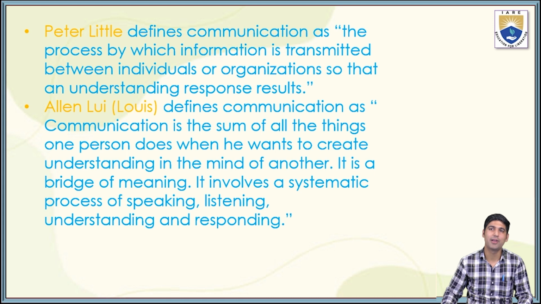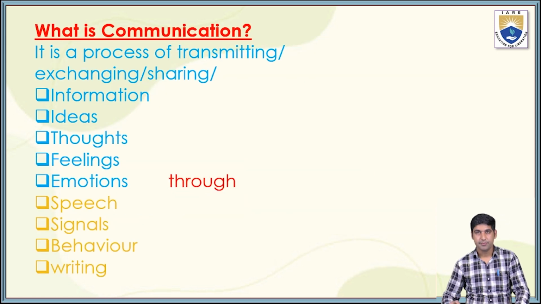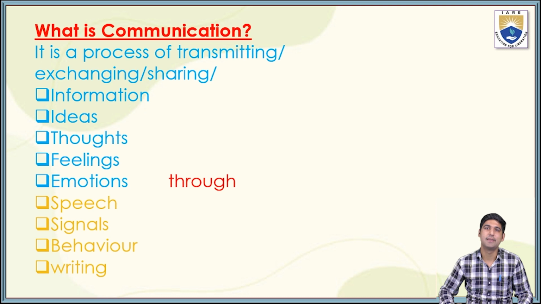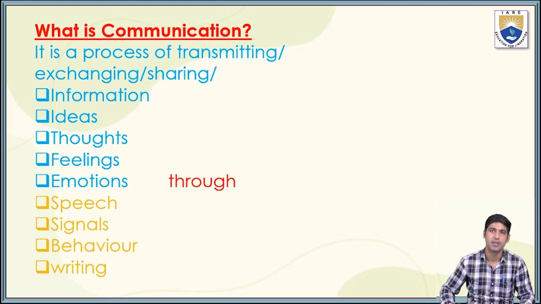So we shall be looking at these things when we go through the process of communication, or the different components of communication. Okay, now after going through these different definitions, we come to know the exact meaning of communication. That is what I have written here. Communication is a process of transmitting, exchanging, or sharing information, ideas, thoughts, feelings, and emotions.